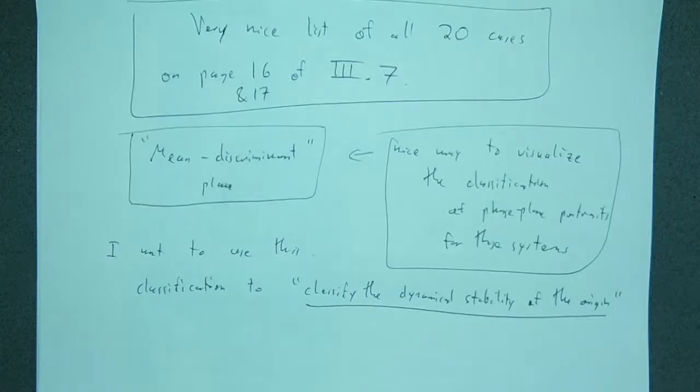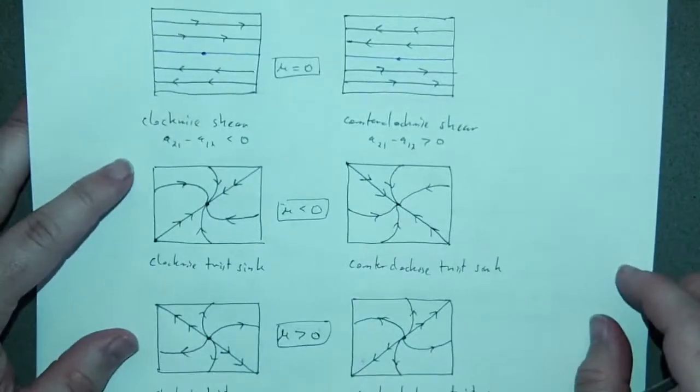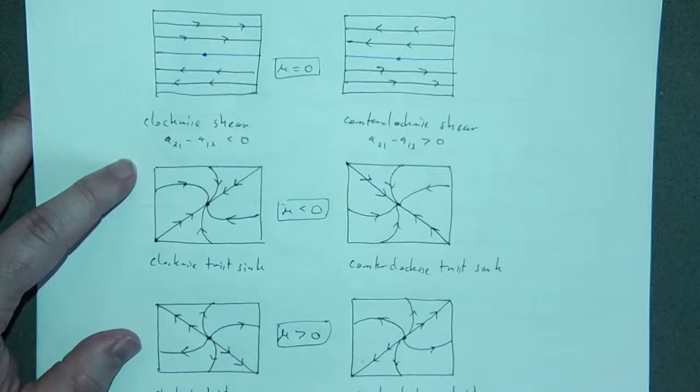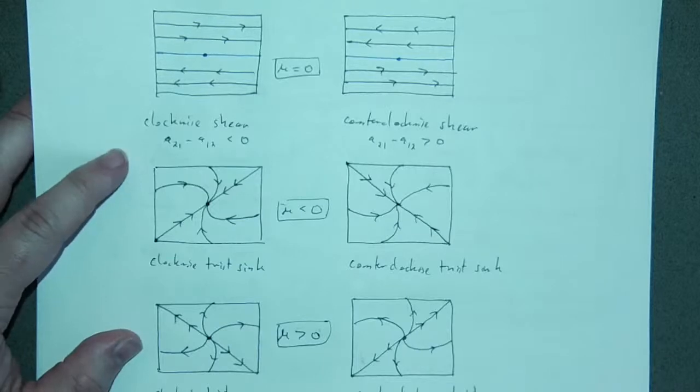But for us, the origin was always a stationary solution, right? It was our guaranteed trivial solution to these systems. So we can characterize all of these previous pictures as a question of stability of the origin, in the same way that we did back in chapter 1 when we talked about stability of stationary points or equilibrium points for autonomous equations.